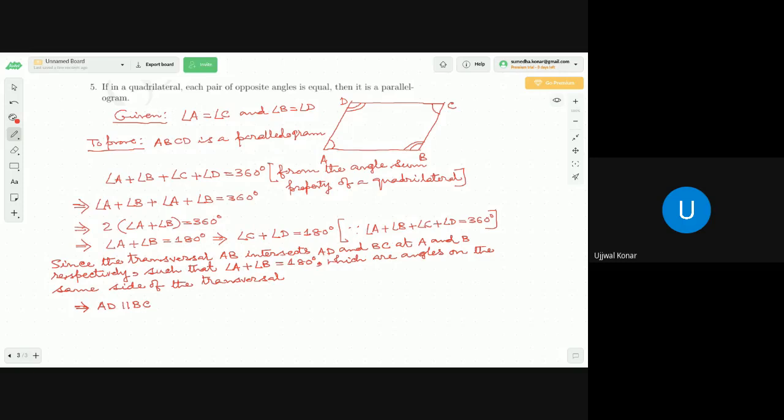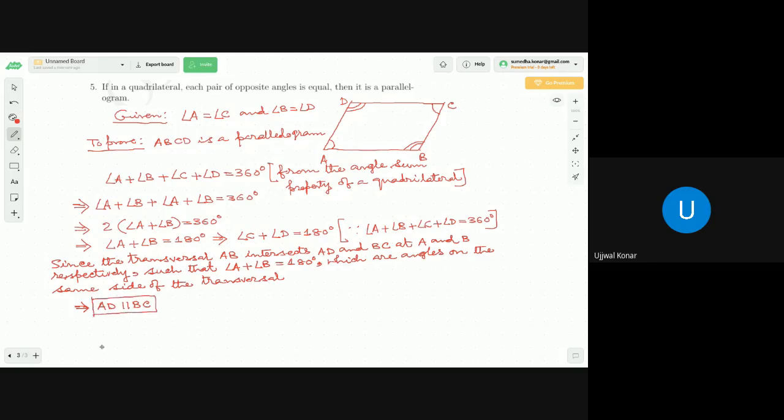Now, in a similar manner, we can prove that AB is parallel to DC. Let me explain further. Angle A plus angle B is equal to 180 degrees. This is one result we got.